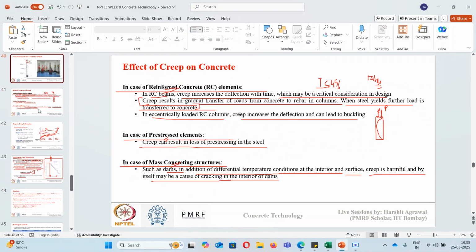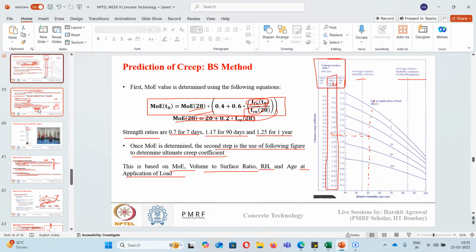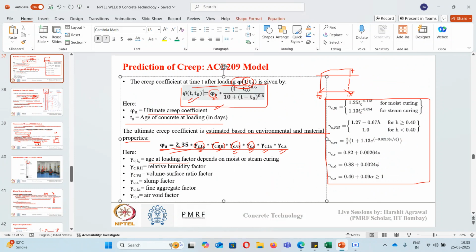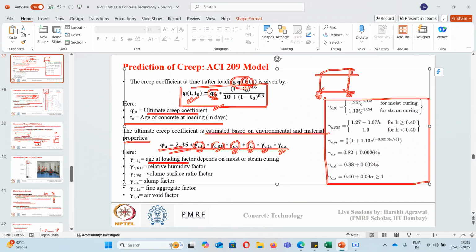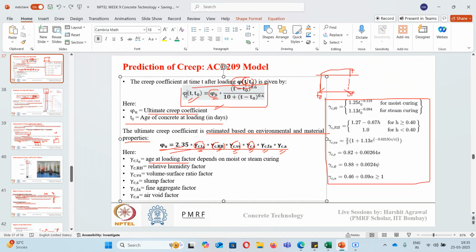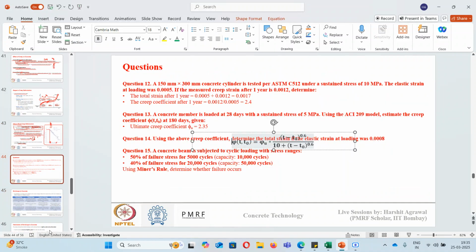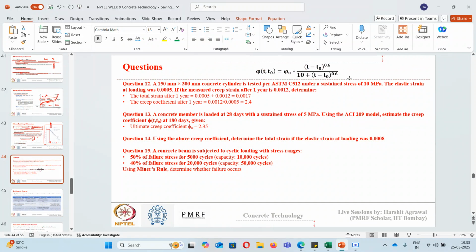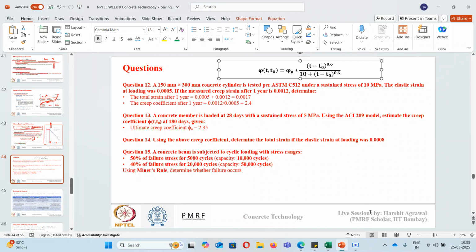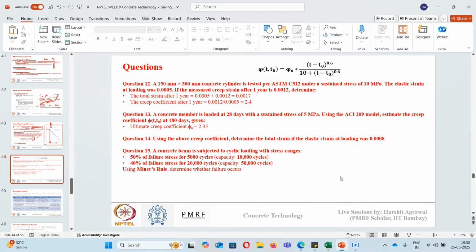I will show you that formula again if someone doesn't remember. This formula we have seen in the ACI method. How will we apply this formula to calculate the creep coefficient?